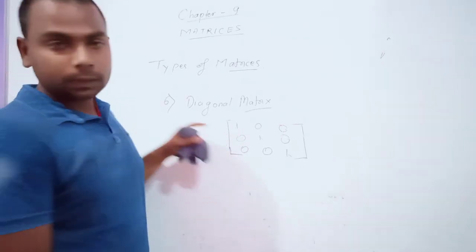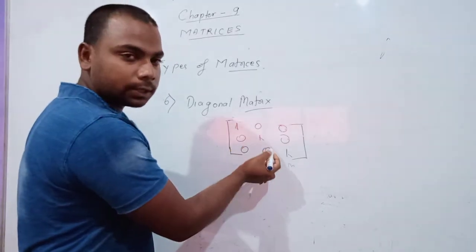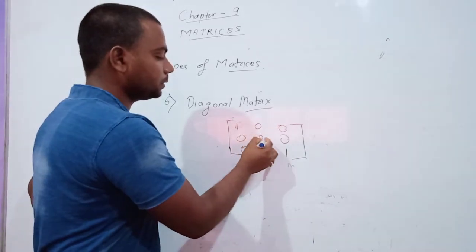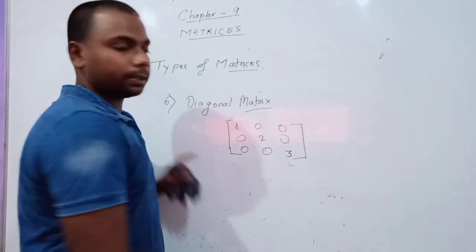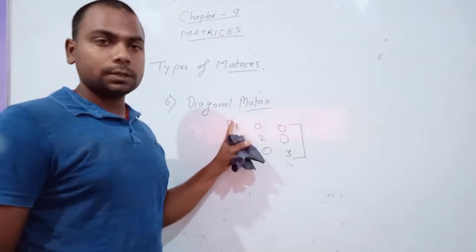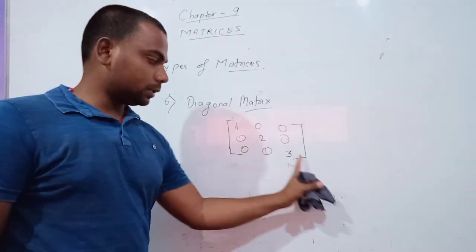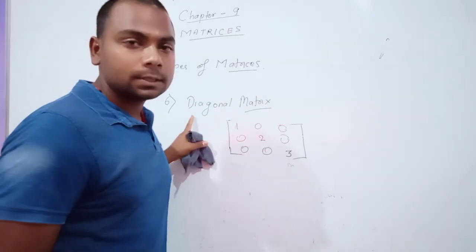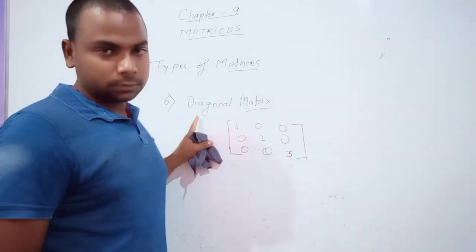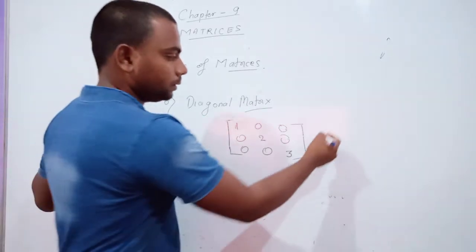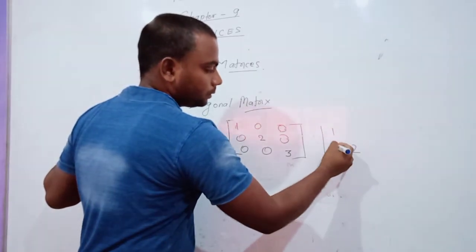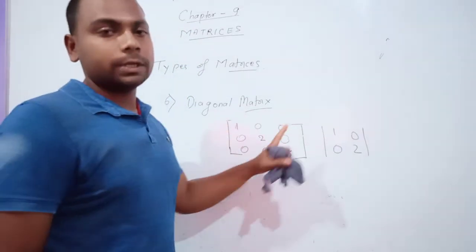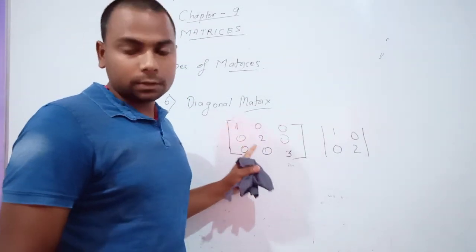If in the cross numerical values are there and the rest are all 0, then it will be considered as what? Diagonal matrix. It can be any number. See here, in the diagonal only numerical values are there and the rest are all 0, then it will be considered as a diagonal matrix. Once again I am repeating, if only in the diagonal cross there are numerical values and the rest are all 0, then it is considered as a diagonal matrix.